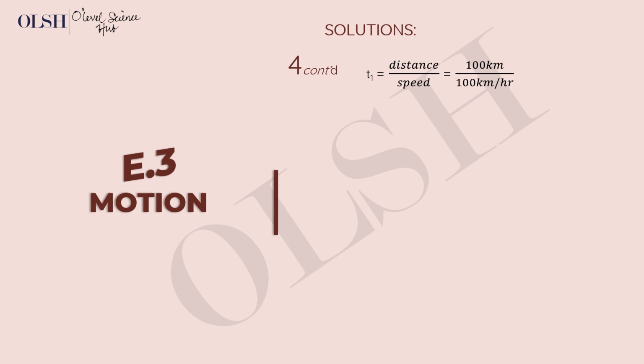If we divide this, we find that the time consumed for this first segment of our journey was 1 hour. So we go to find the second time interval. The distance is 40 kilometers, and we drove at 40 kilometers per hour throughout that distance. If we solve that, we see that we spent another 1 hour.